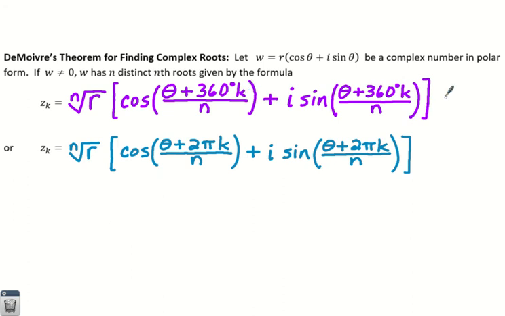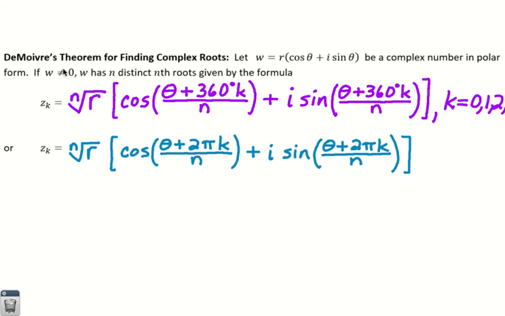So that's why we say k equals 0, 1, 2, dot, dot, dot.